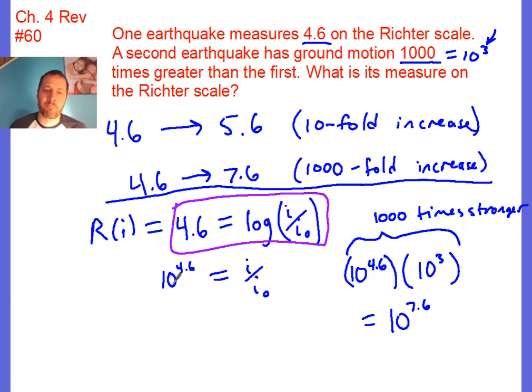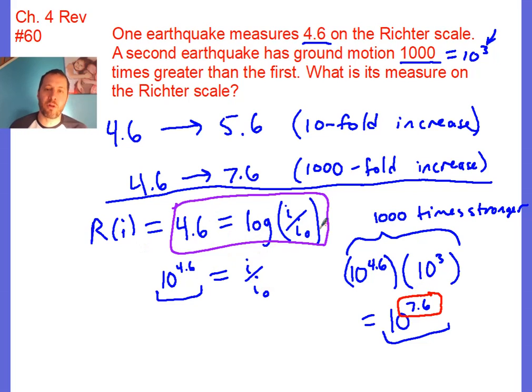We took the relative intensity of this, and we multiplied it by 1,000, and we got this. And again, it's some number, like 40 to 50 million or whatever it is. But the Richter score is that exponent on the 10. And so that's the answer that you want, 7.6.